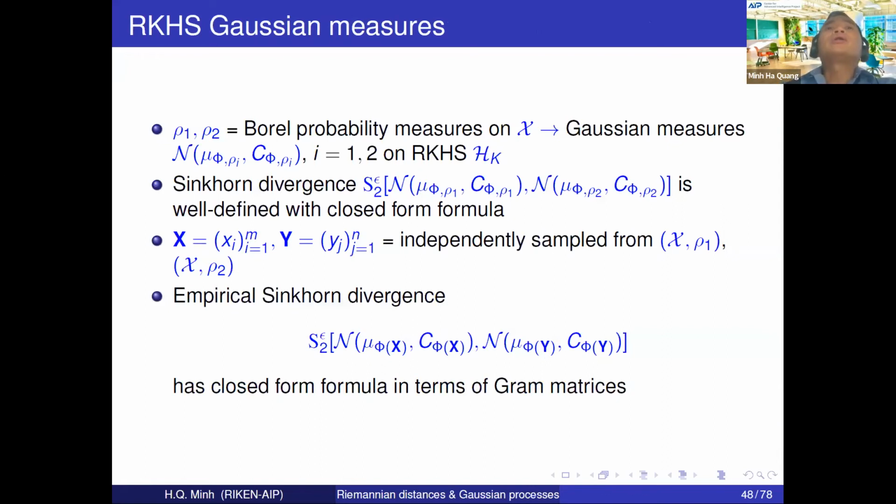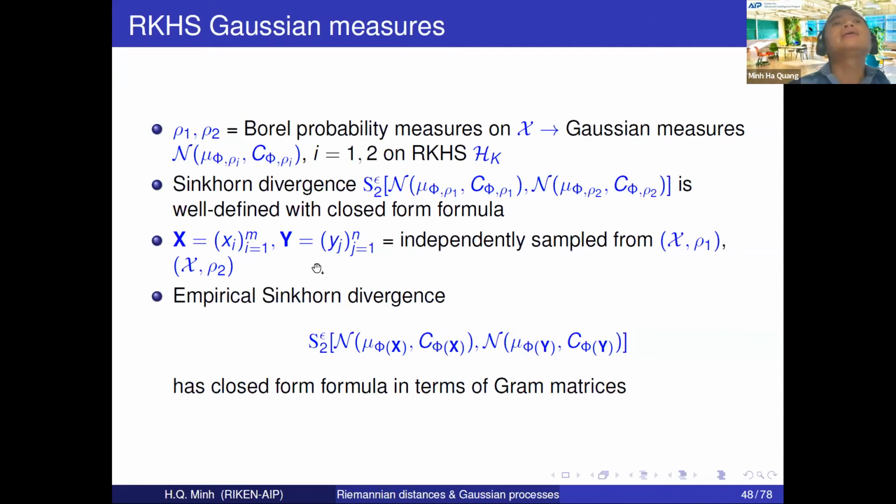As before, we can do it in the RKHS setting as well. Suppose we have two probability measures rho 1 and rho 2 on X, and they will induce two Gaussian measures. As before, we introduce the RKHS mean vectors mu and covariance operators C, so we can define the Sinkhorn divergence between these two Gaussian measures.